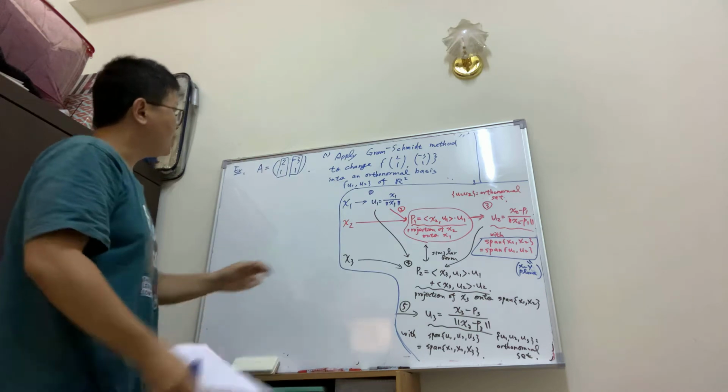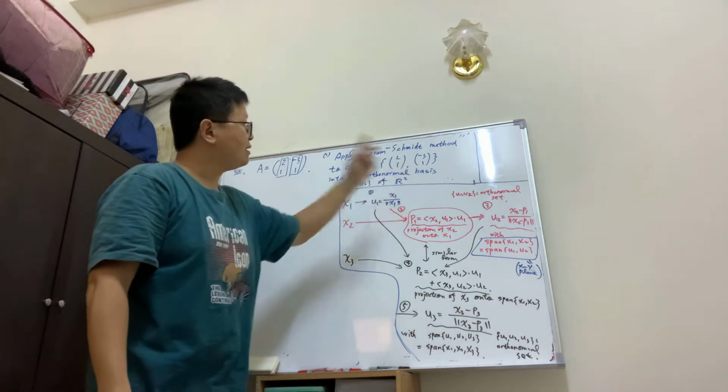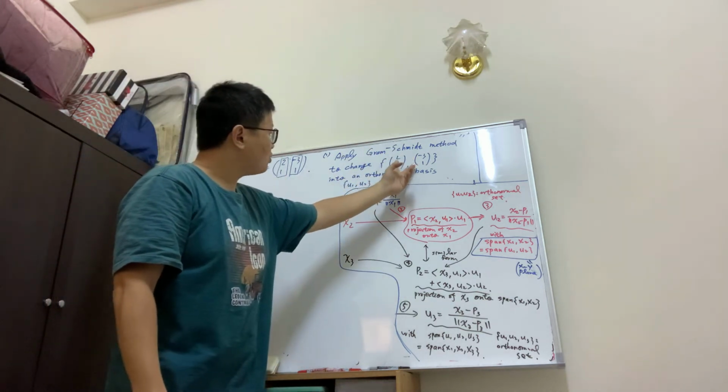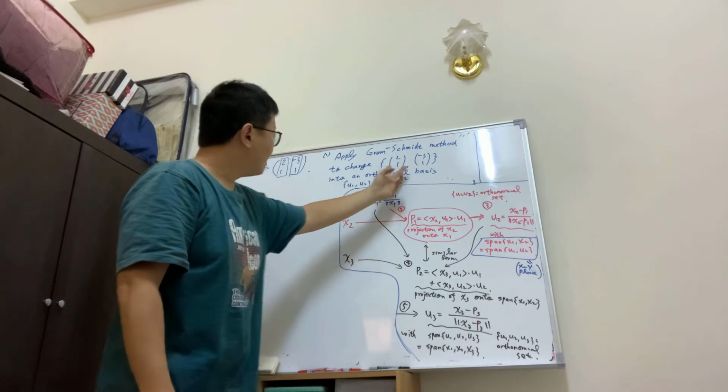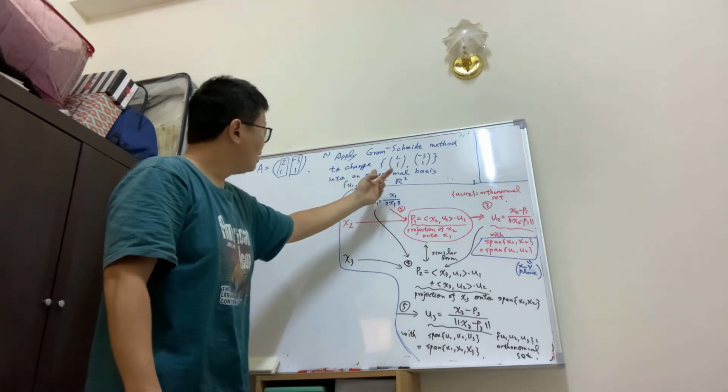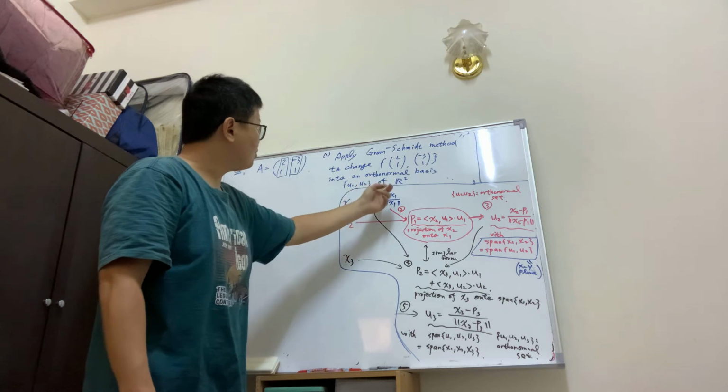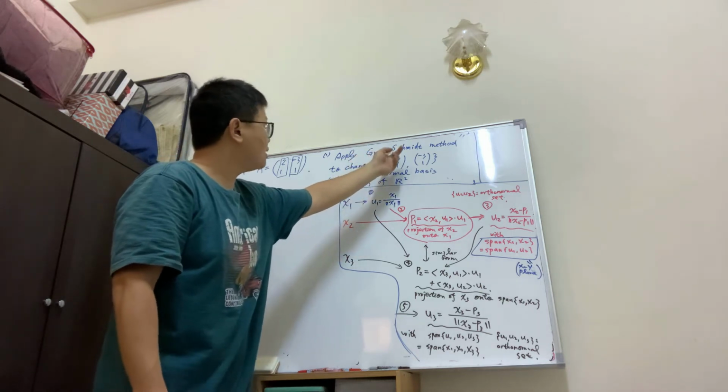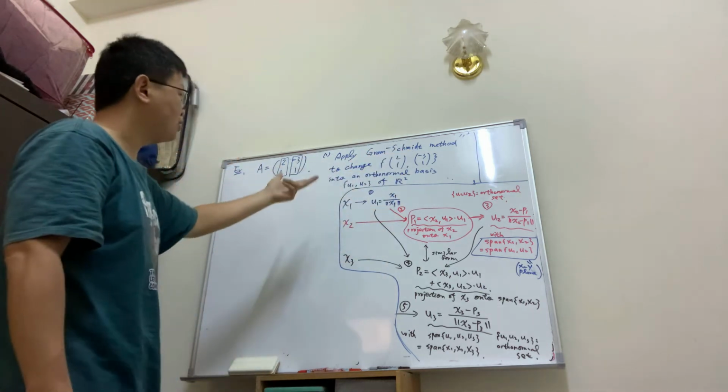Originally we have two vectors, and it's not difficult to see that they are linearly independent, and we could change them into an orthonormal basis U1, U2. And of course, we should use the Gram-Schmidt method.